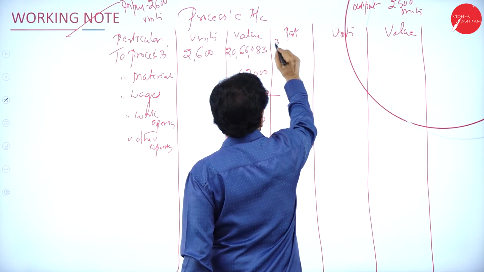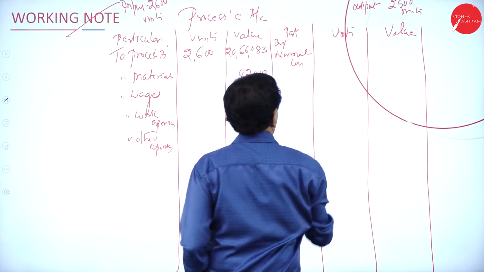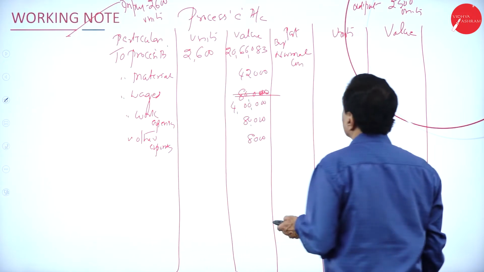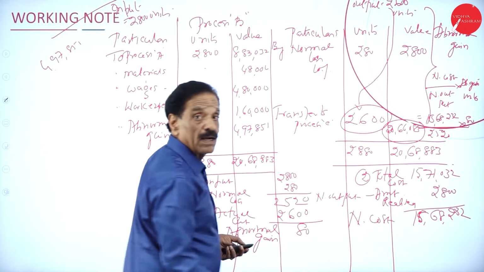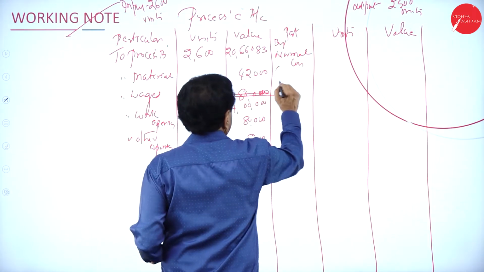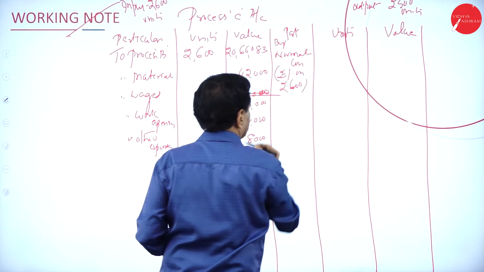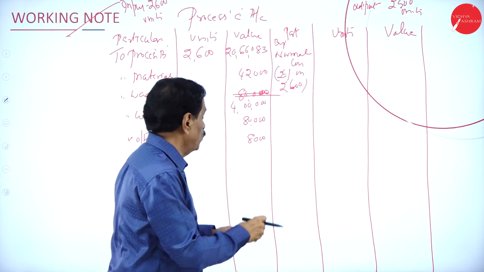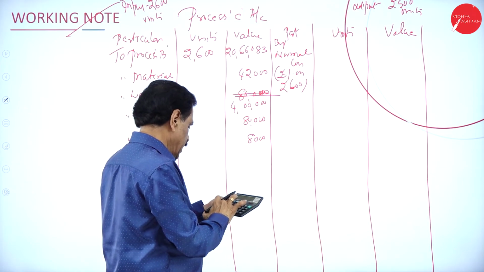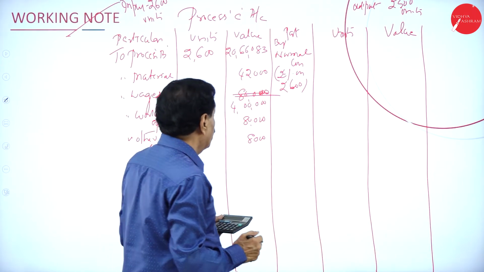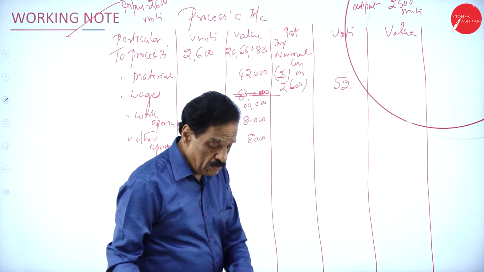By normal loss. See the percentage. What's the normal loss? Percentage is 2% on input. Normal loss is just 2%. 2% on 2,600 units. That is 2,600 into 2 divided by 100, 52 units. What's the value?